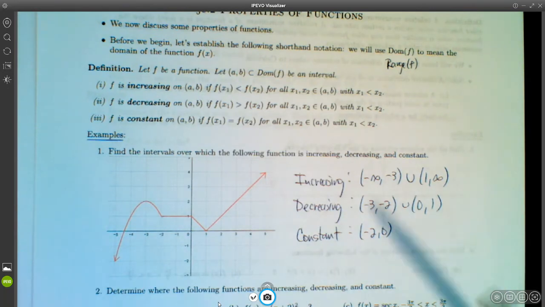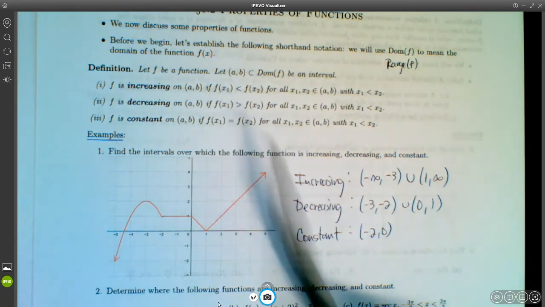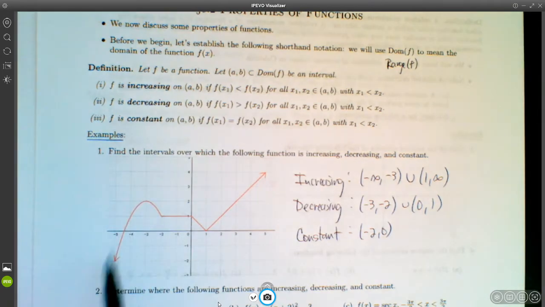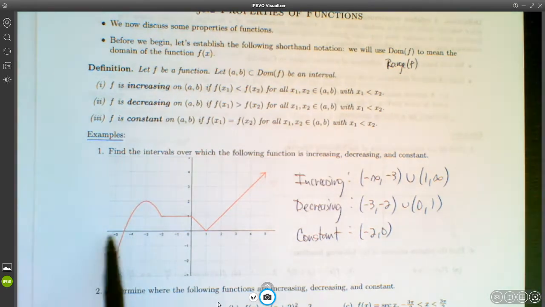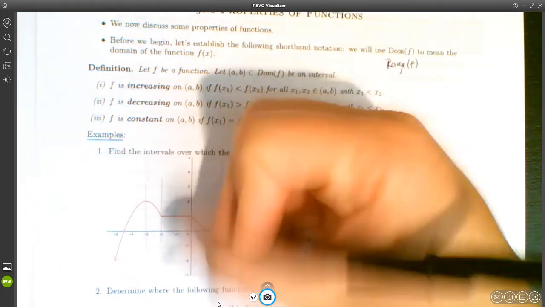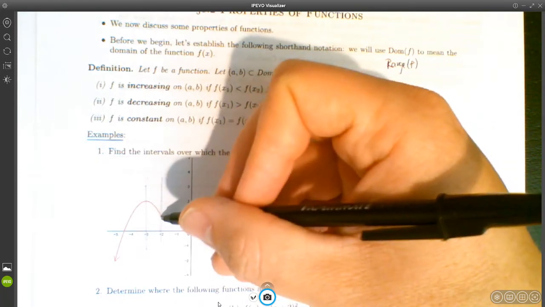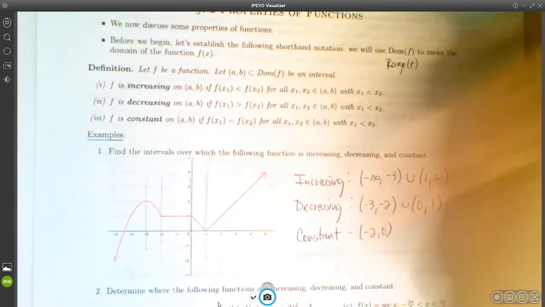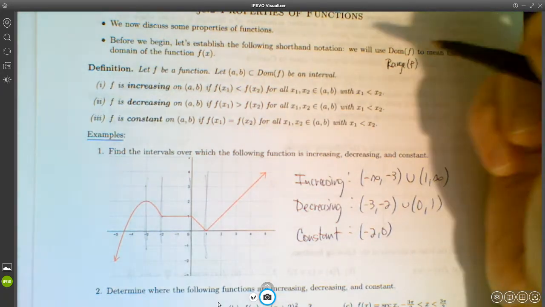That is what's happening if you're looking at the y coordinates, but when I'm asking where the function is increasing, decreasing, and constant, I'm asking for what x values. So the x values where it's increasing are from negative infinity up to x equals negative 3. Then it's decreasing from x equals negative 3 to x equals negative 2. Then it's constant from x equals negative 2 to x equals 0. Then it decreases again here, and then it increases. So that's how we're thinking about this.